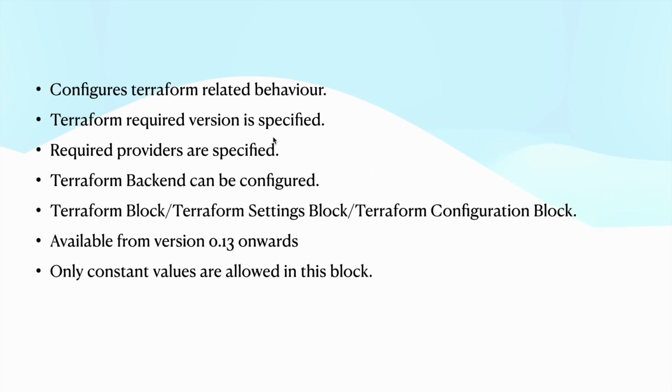It could be an S3 bucket or something similar to S3 in Azure or any other thing. But the concept is the same. If we want to collaborate, we need a single place where we can store the Terraform state file, and that can be configured in this settings block.